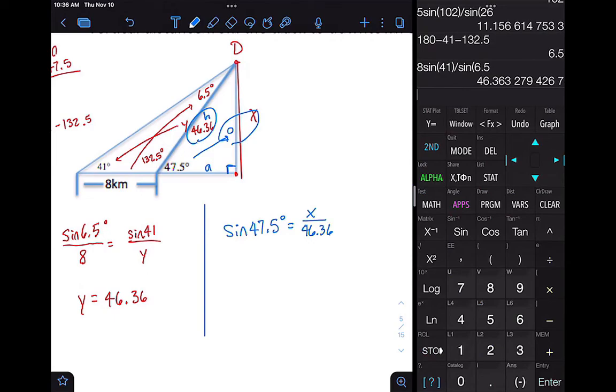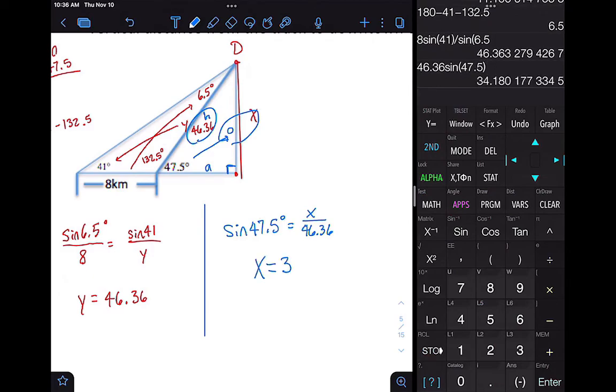And then just multiply sine of 47.5 times your 46.36, and that'll get you 34.18. So I guess 34 kilometers. And that matches my notes.